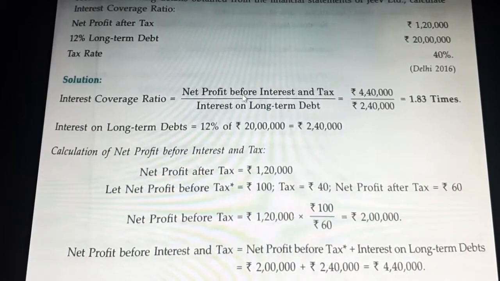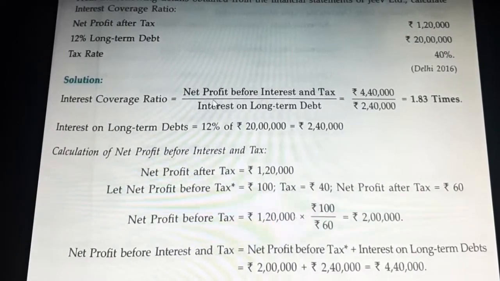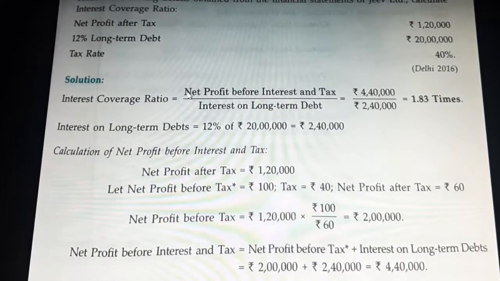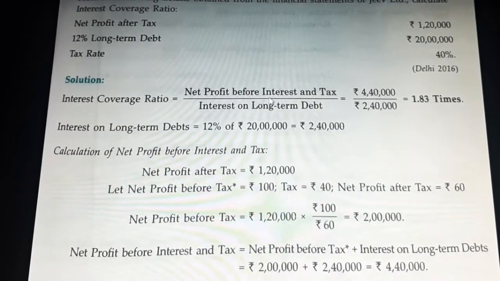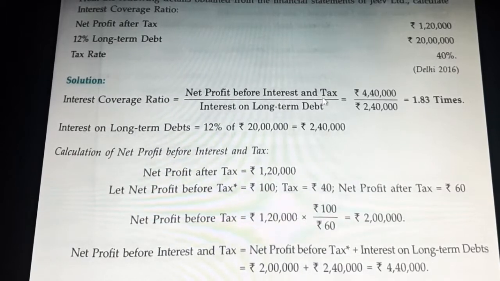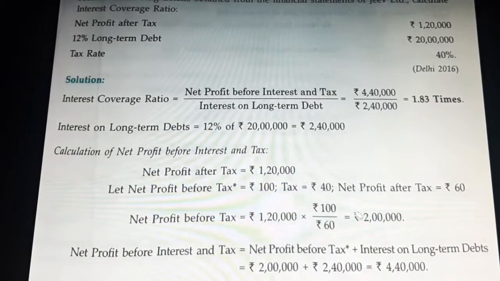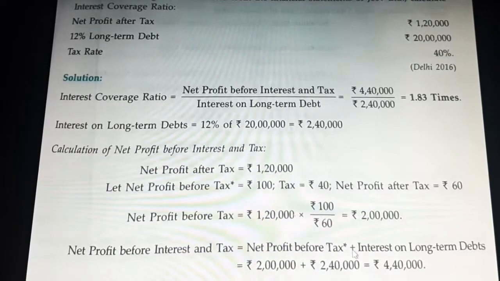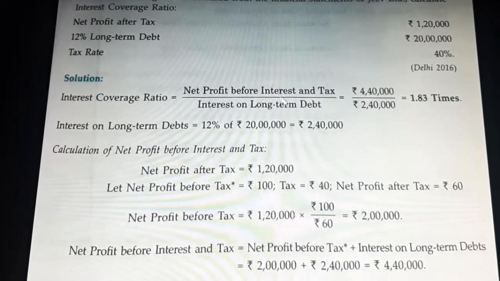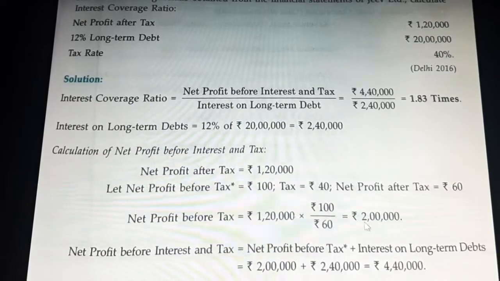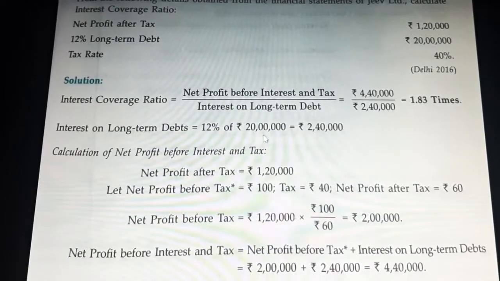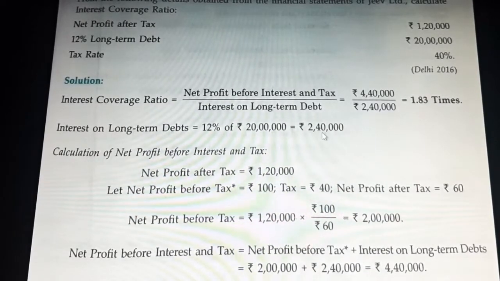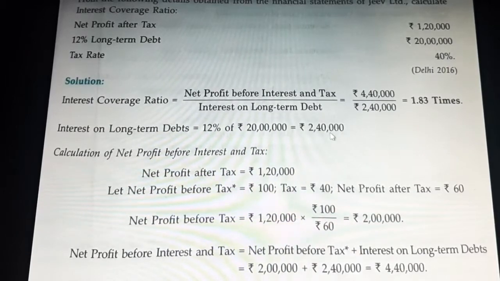But if you notice the formula, it is net profit before interest and tax. So you already got net profit before tax. Now what has to be included? Interest also has to be included. You have already calculated interest also. What is the interest on long-term debt? It is 2,40,000.